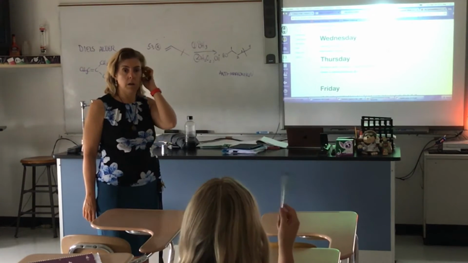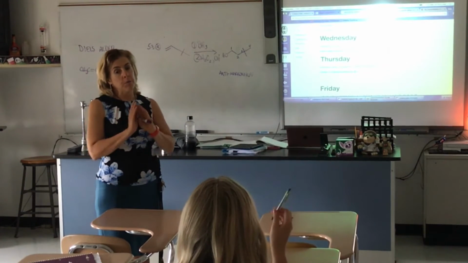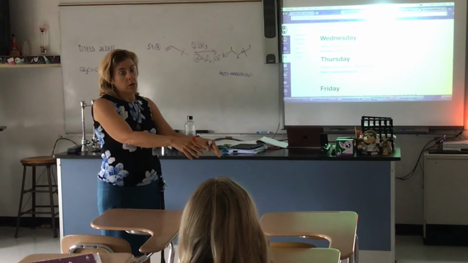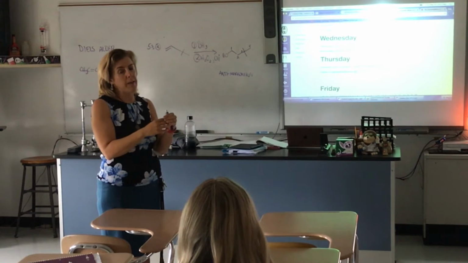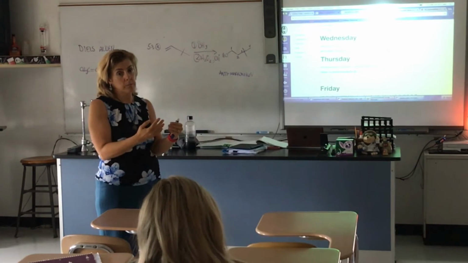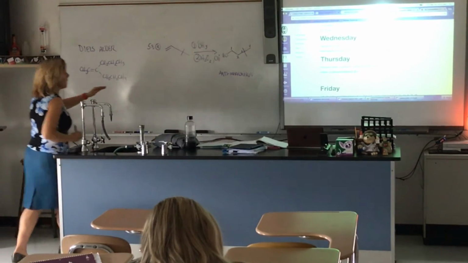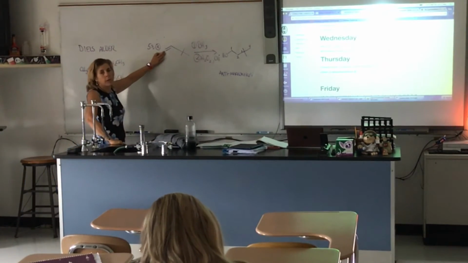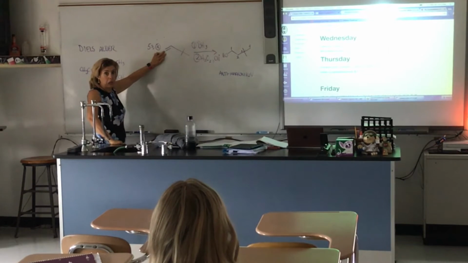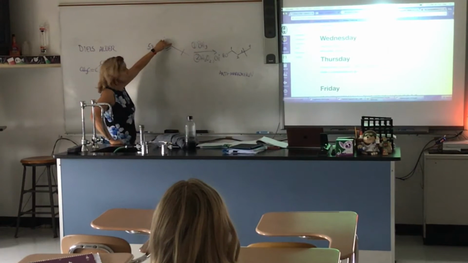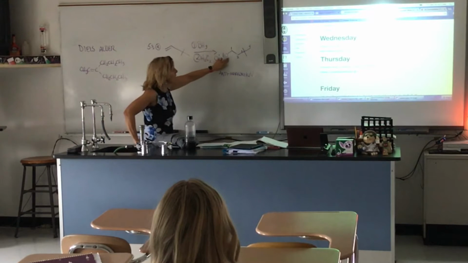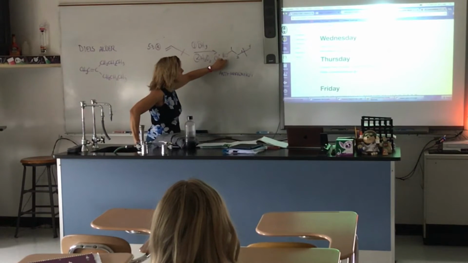So with Markovnikov, the electrophile goes to the carbon in the double bond that has the most hydrogen, okay? So if this followed Markovnikov's rule, we should have OH here. But instead we have OH here and hydrogen there.